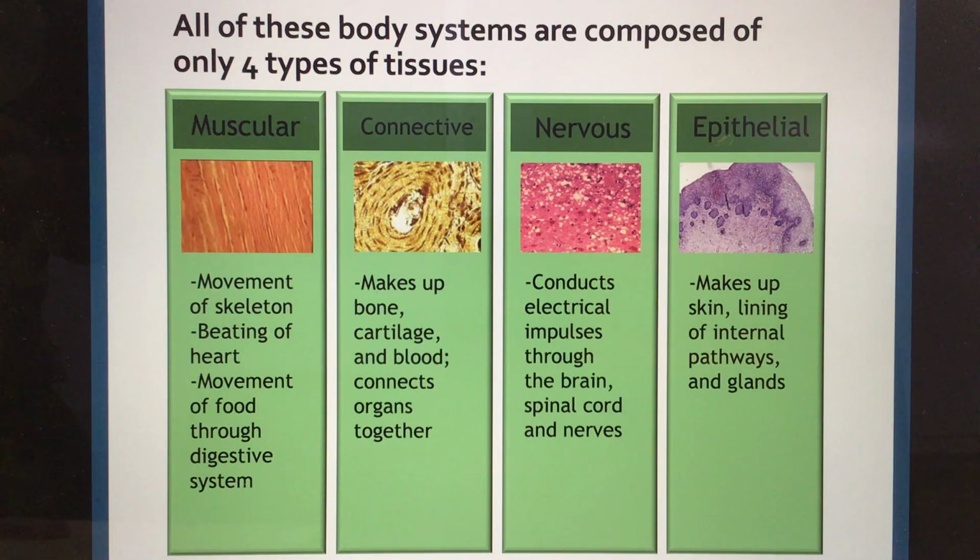And then the fourth one here is the epithelial. It's kind of a strange name. Epithelial tissue makes up your skin, the internal pathways, your glands. So it's a little bit thinner tissue, but it provides some protection throughout those different systems. Okay, so epithelial tissue.